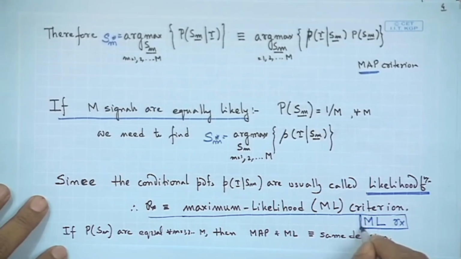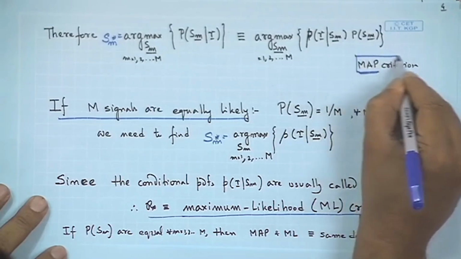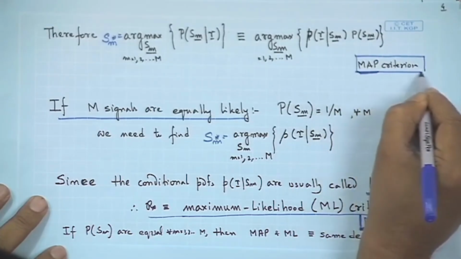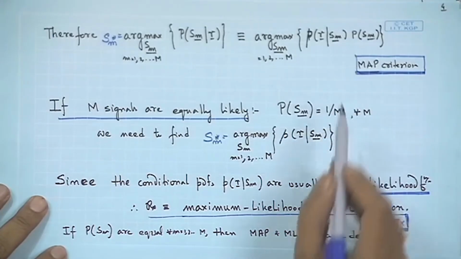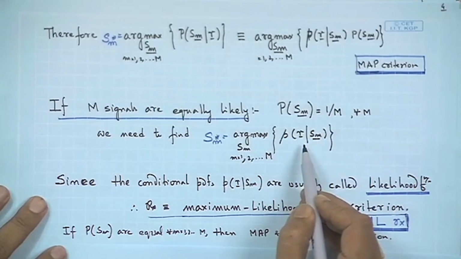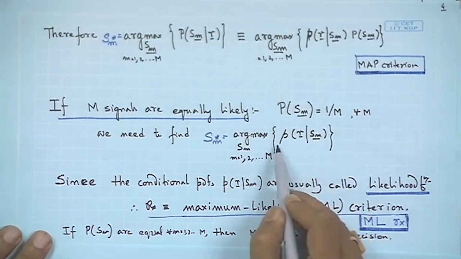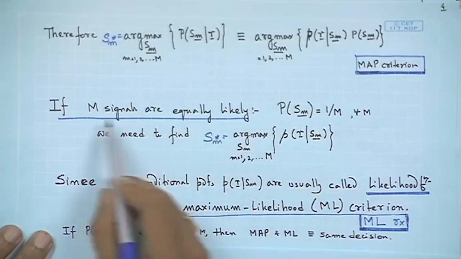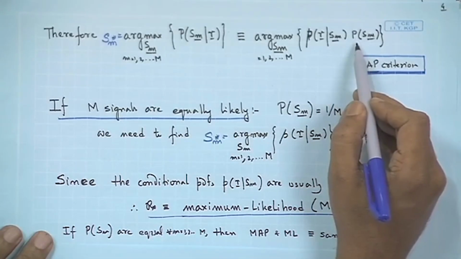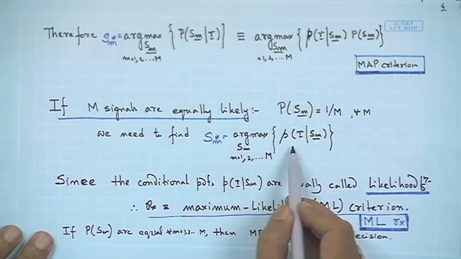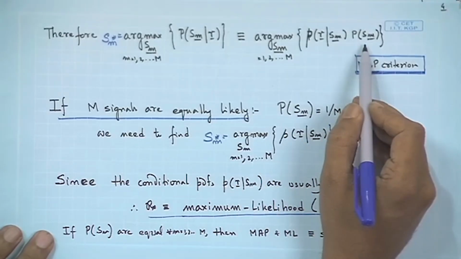And just at this point I would find it pertinent to remind you that there is a MAP criteria which is distinct. We will of course come across this again. The difference between the MAP criteria and the ML is clearly visible over here. In the ML, the maximum likelihood criteria, we have all signals with equal probability and therefore, P of Sm is no longer used, as you can clearly see in this expression, whereas in MAP criteria P of Sm is used.